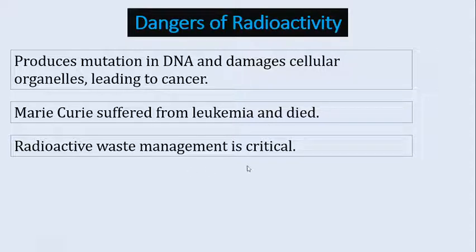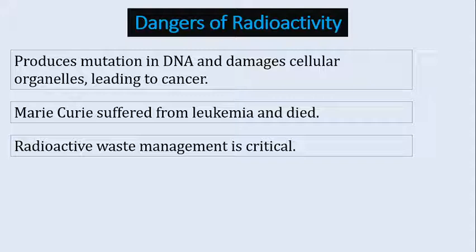But still we have nuclear power plants running in different countries of the world, and these nuclear power plants produce different radioactive waste materials. So every material used in the nuclear power plants becomes radioactive after some time.